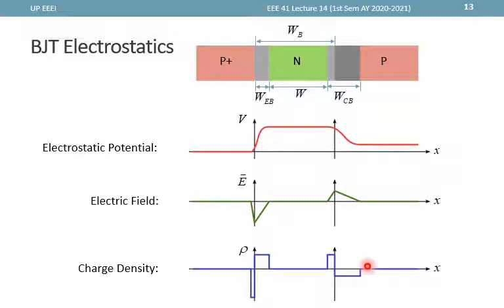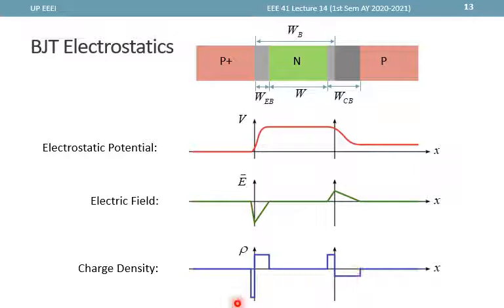One thing we can note here is that the depletion region at the P side is very, very small because the P side is heavily doped. Now the area of this one should be equal to this one, and the area of this one is equal to this one.